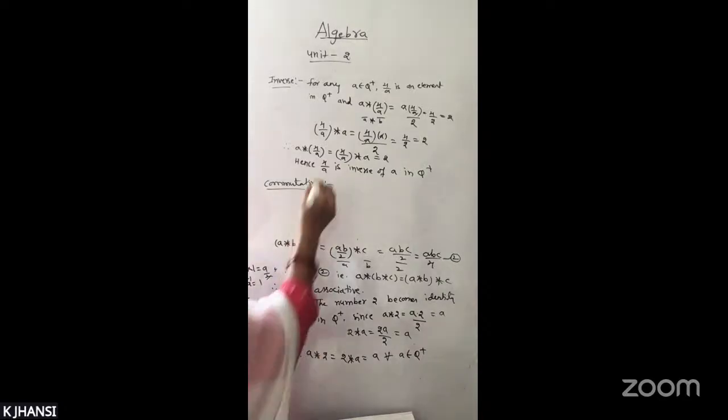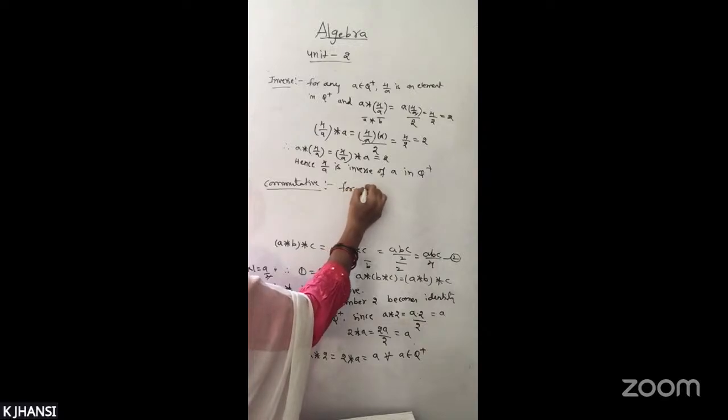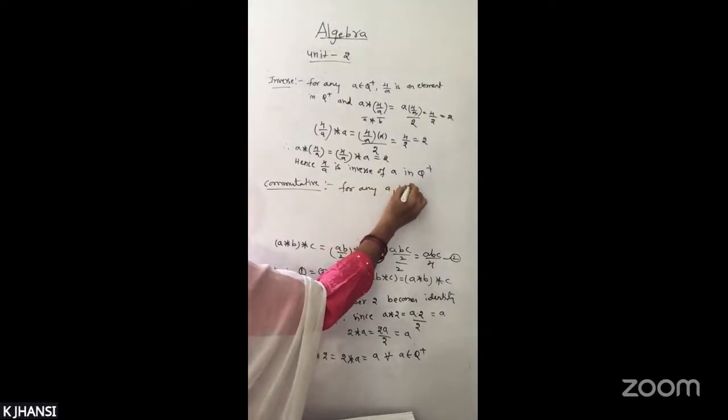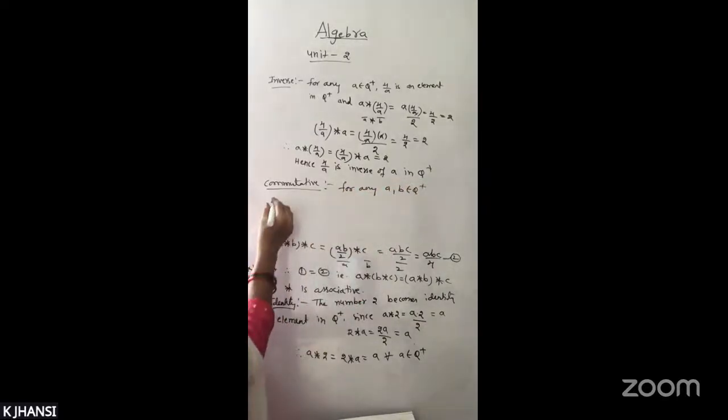Last one is commutative property. So commutative property is AB equals BA. So for any A comma B belongs to Q plus, A star B is equal to. A star B means what you will write?